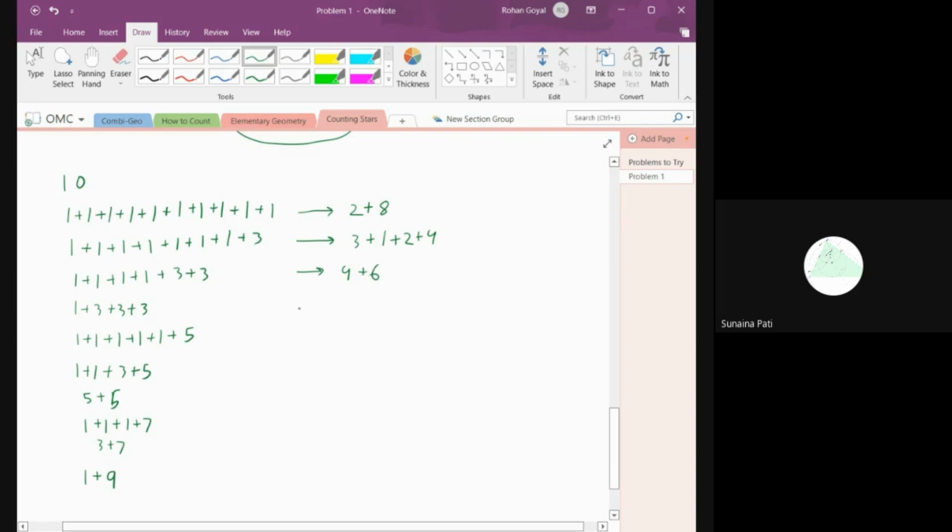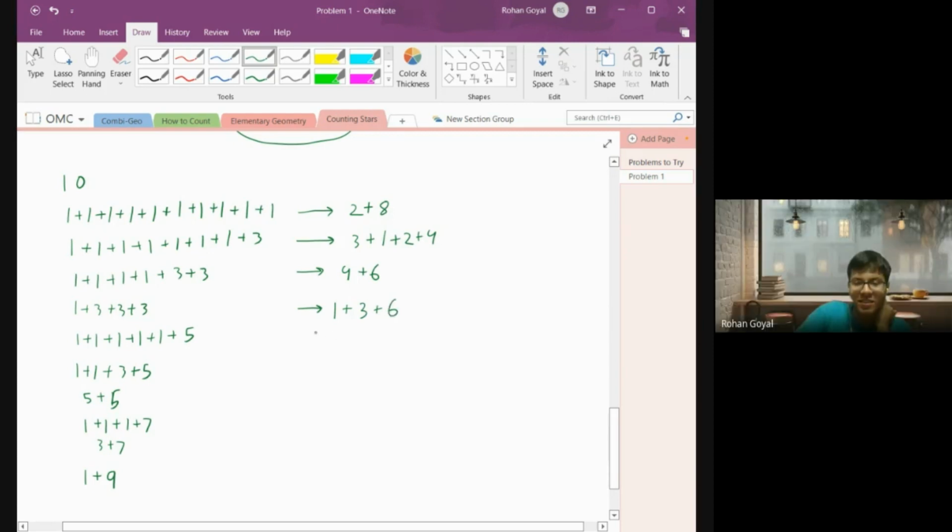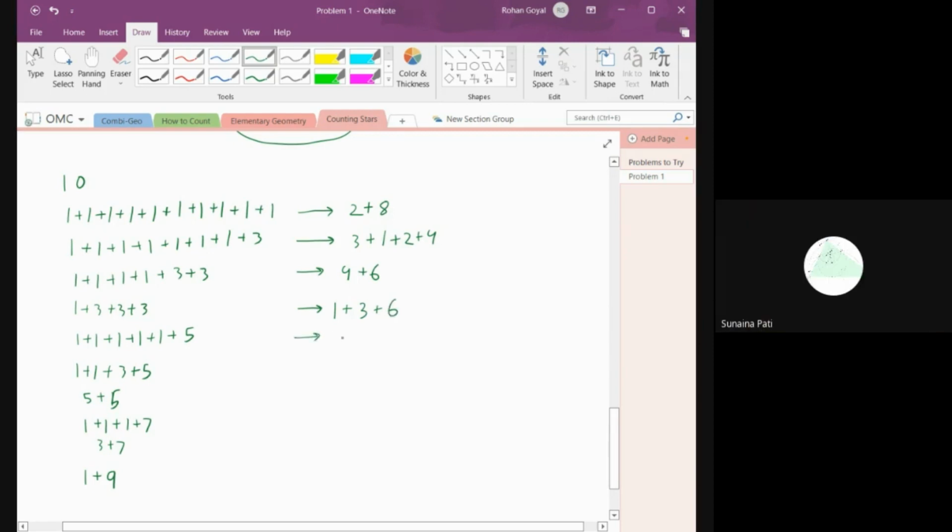Then 1, and you write this is 3, so that's like 1 plus 2. That's 3 into 1 plus 3 into 6, into 1 plus 3 into 2. Good. Then we have 5. So 5 is 1 plus 4 plus 5.